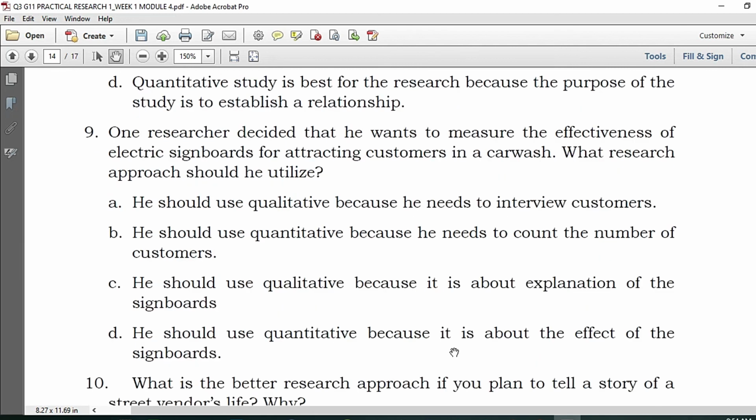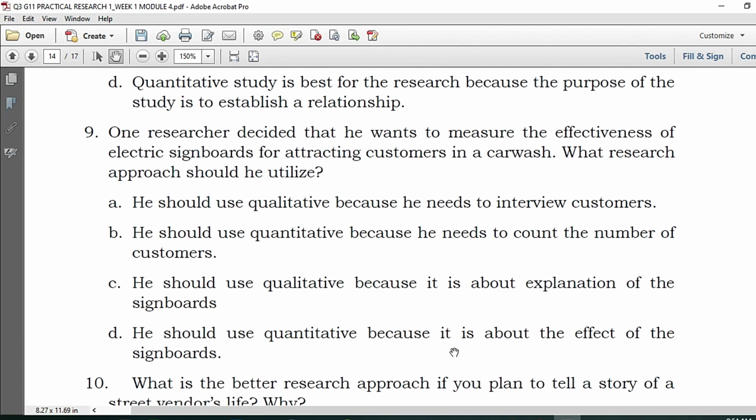Okay, number 9. One researcher decided that he wants to measure the effectiveness of electric signboards for attracting customers in a car wash. What research approach should be utilized? A. He should utilize qualitative because he needs to interview customers. B. He should use quantitative because he needs to count the number of customers.